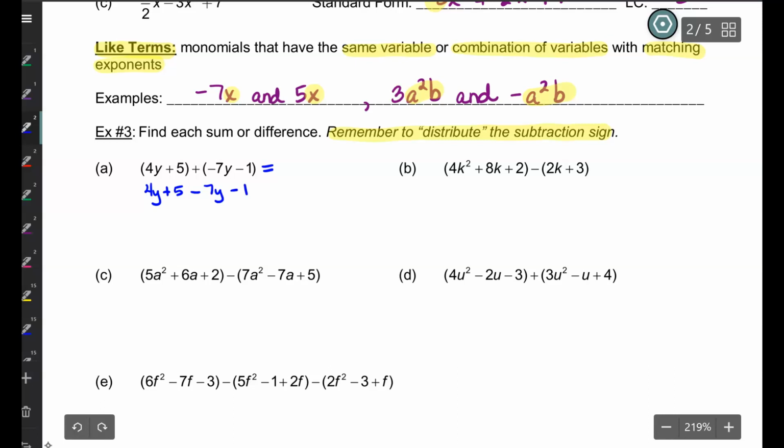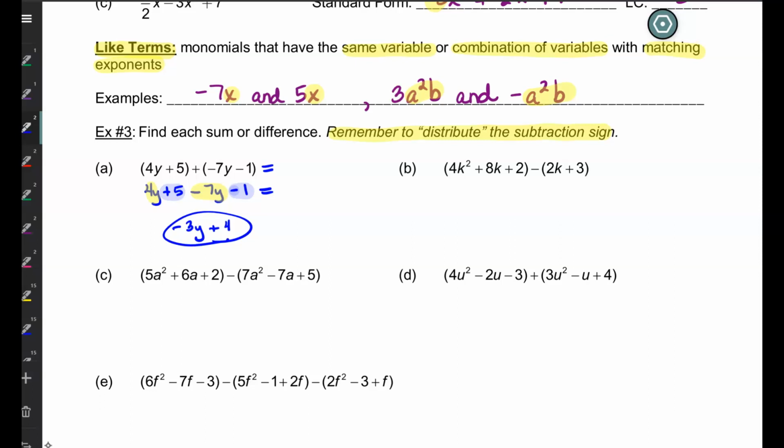So that's really just -1. And then we look, what can we combine? So I have 4y and a -7y. That will give us a -3y. And then I'm going to combine the constants. So plus 5 and a -1 will combine to give us a +4. And then we just leave our answer like that. We can't combine those.